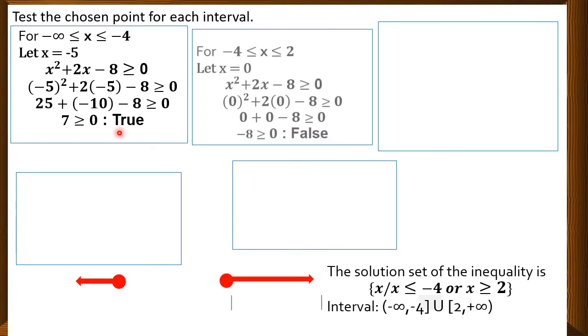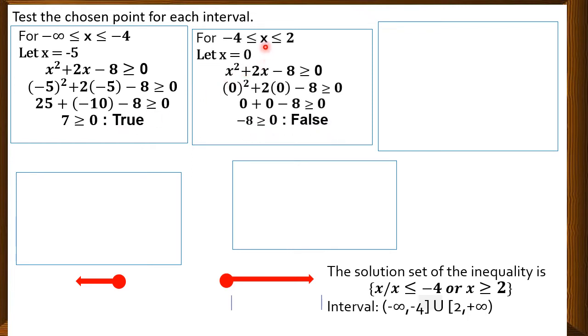Next, for the second interval, where x is less than or equal to 2 but greater than or equal to -4, we had selected 0. Copy the original inequality. Substitute x by 0. So 0 squared is 0. 2 times 0 is 0.